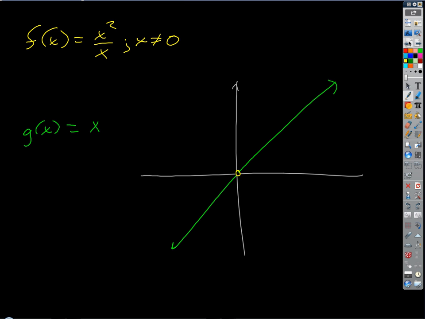Like for example here, it looked a lot simpler, but we still need to include the fact that x is not equal to 0, right? If we simplify the function, right? Because initially, the actual function has an x in the bottom. In its simplified form, that doesn't show up, but we still inherit the domain, right?